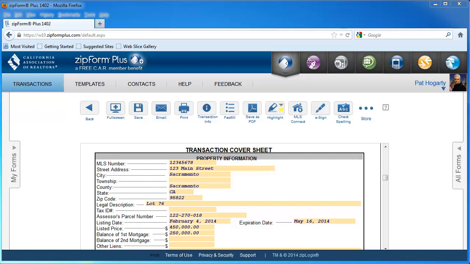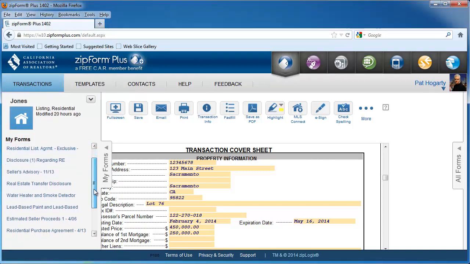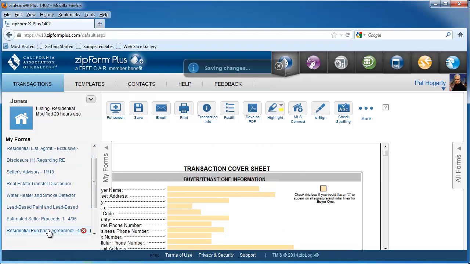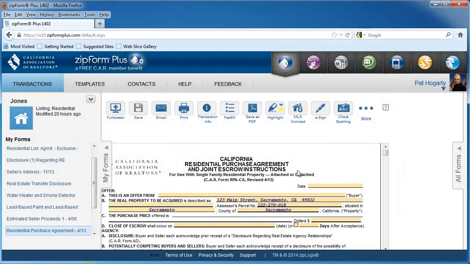Okay, now before we get started, I just want to show you under the forms, the form called the California Residential Purchase Agreement and Joint Escrow Instructions.